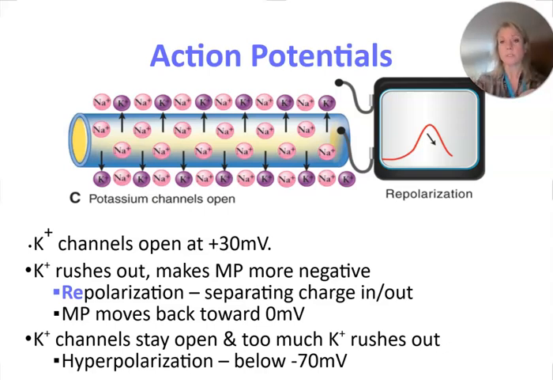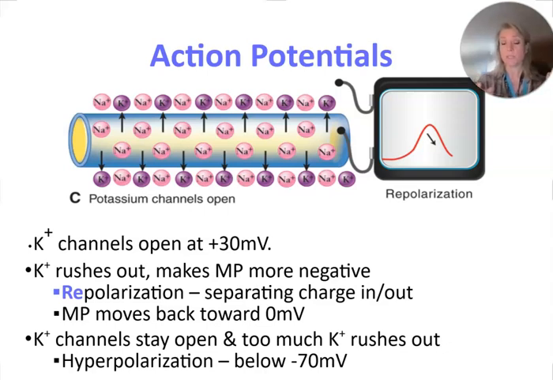This is repolarization. We are reseparating the charges around the cell membrane of this cell. And now our membrane potential is going to become more negative. You can see on the voltmeter that we have an arrow there showing you the negative slope of the reading. And it's moving back towards zero.